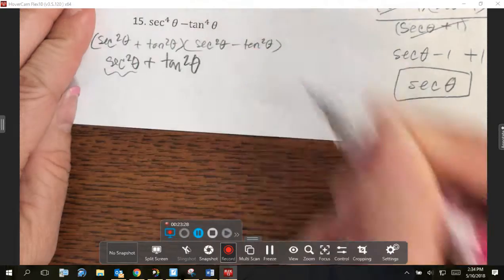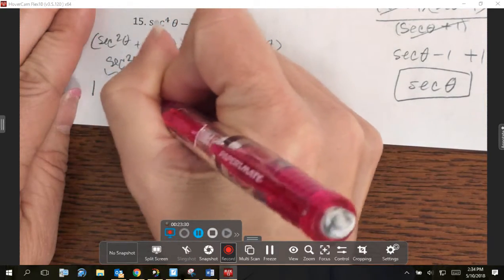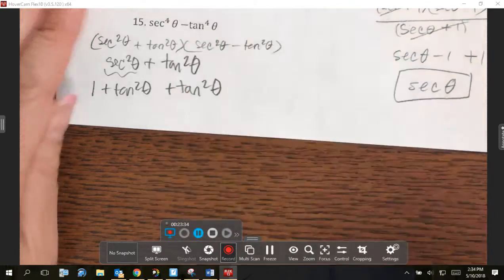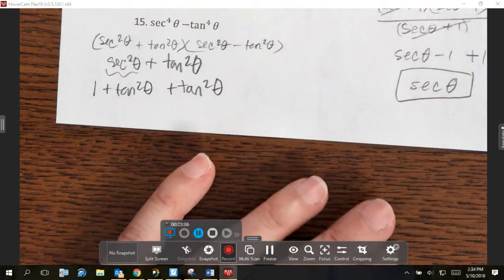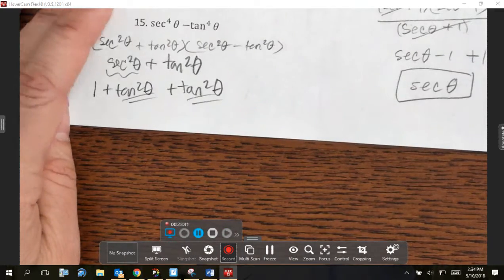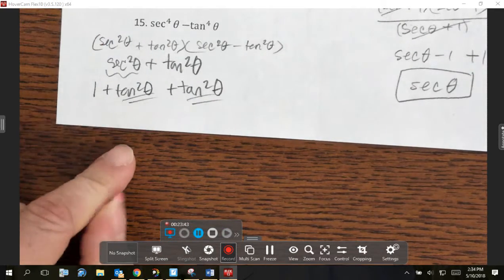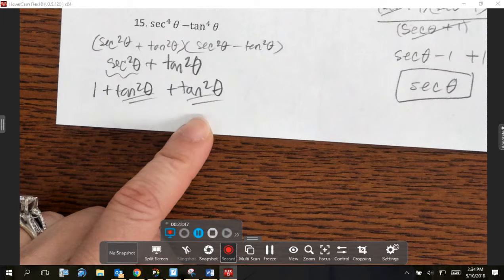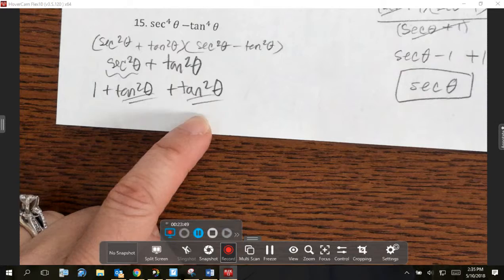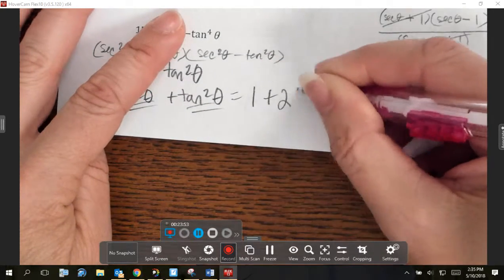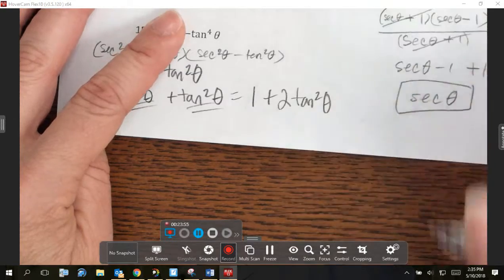I'm going to say secant squared theta equals 1 plus tangent squared theta, and then I bring down my plus tangent squared theta. So these are common terms, these are like terms. If I have a tangent squared theta and I add another tangent squared theta, what do I have? I have 2. Right. So now I have 1 plus 2 tangent squared theta.